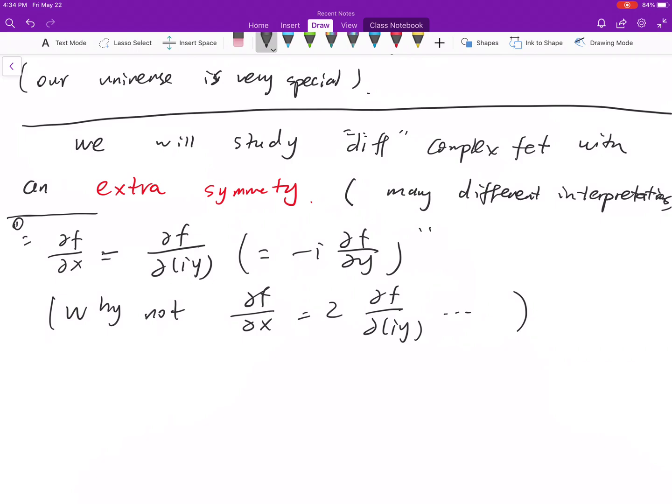You can have linear dependence, you can have some quadratic equations or whatever, but here we choose this form. The reason is not clear at this point, but we will specify it a little bit later. But this already gives you some interesting phenomena. So if you rewrite the condition, you will have the following.